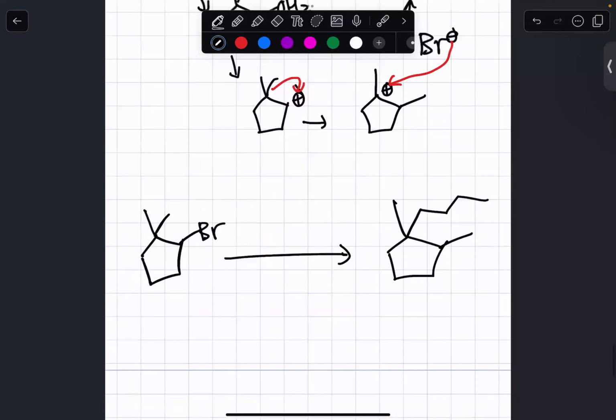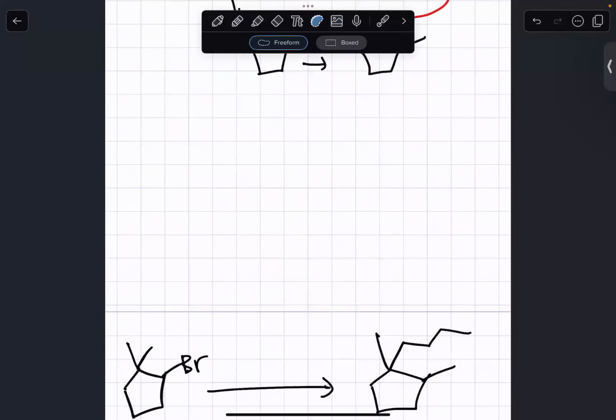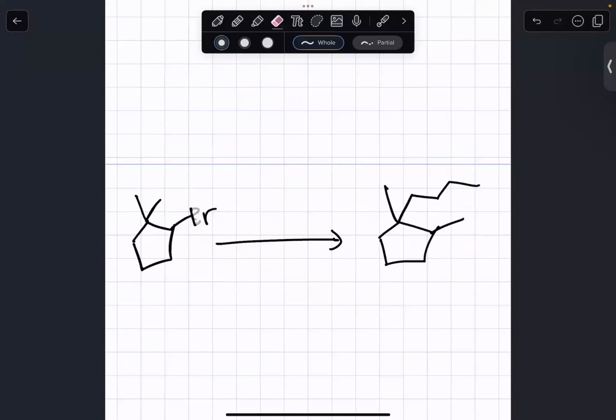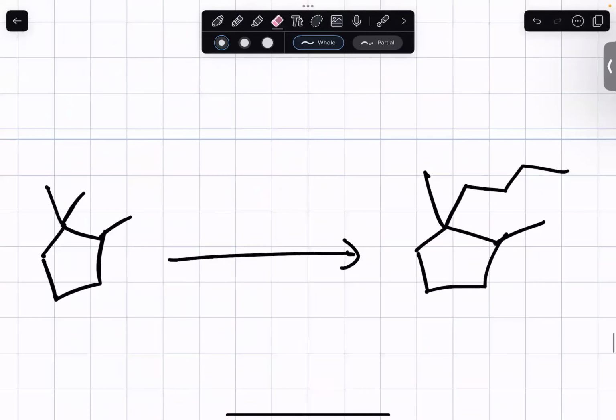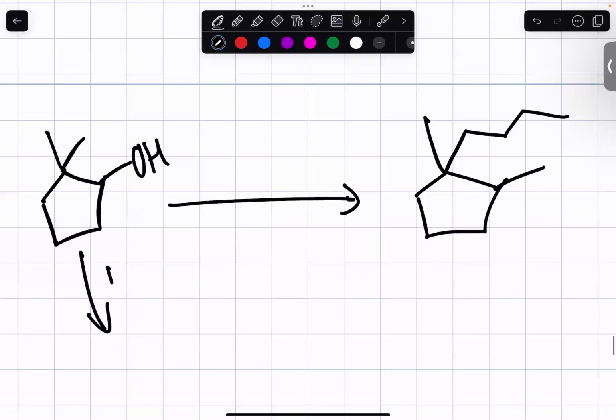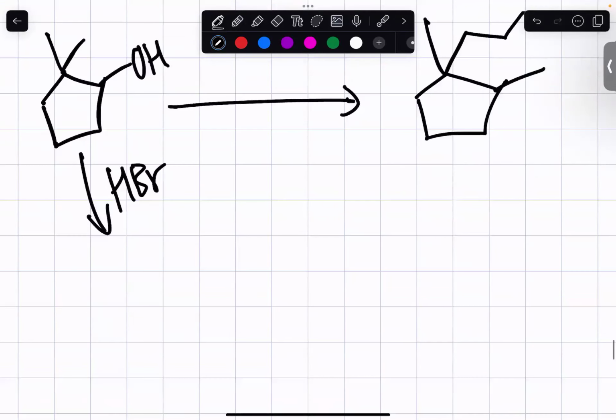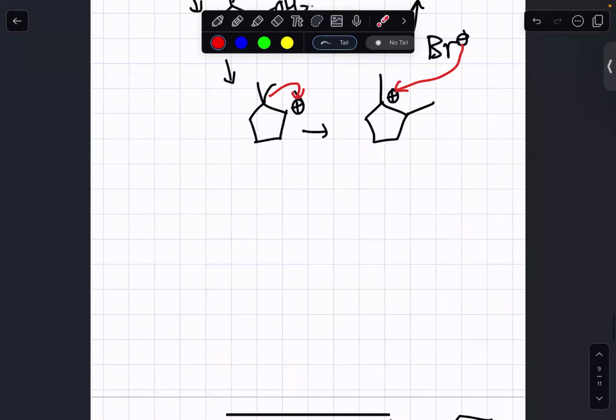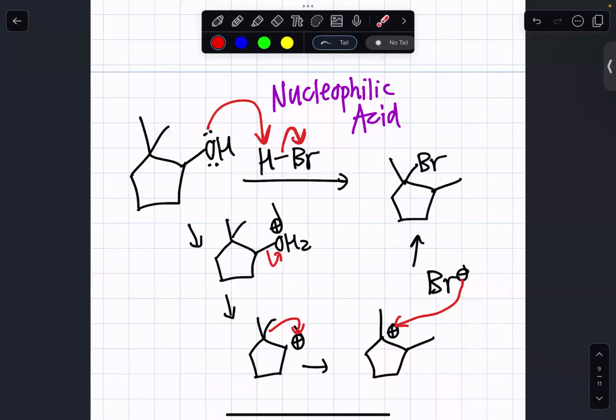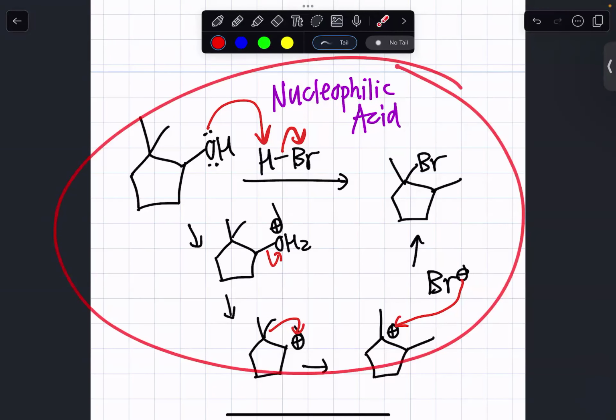Let's say this is OH. If you use HBr, we would get this product here, right? Where the mechanism is right here.